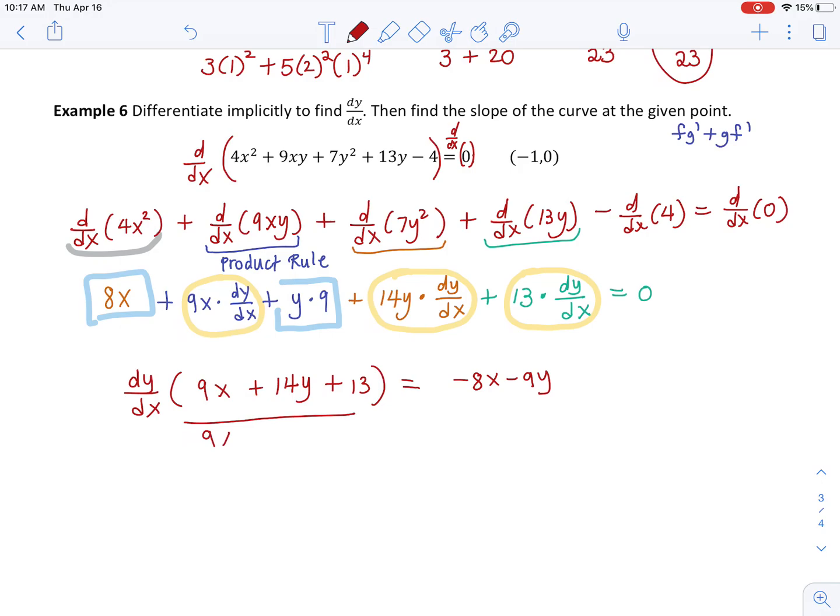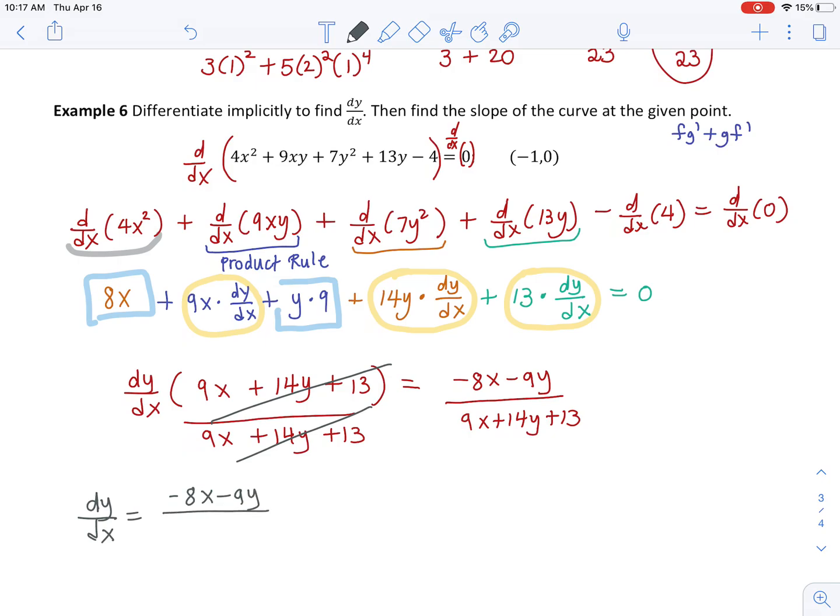So that will be -8x minus 9y. Alrighty, the only thing I have to do to both sides is divide by 9x plus 14y plus 13. So that's canceled out. dy/dx is equal to -8x minus 9y divided by 9x plus 14y plus 13.